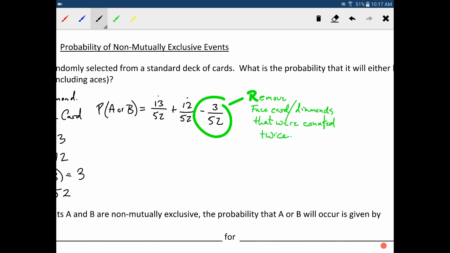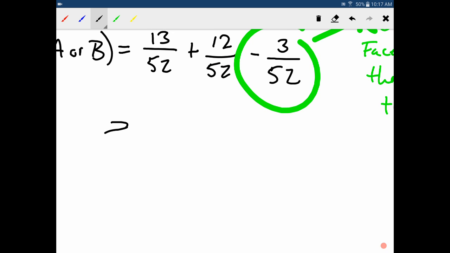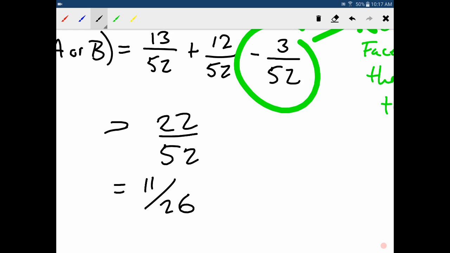You'll survive. So anyway, we do fortunately have a common denominator across all these, so we can just say 13 plus 12 minus 3 gives us 22, and it's over 52. Which then will reduce to 11 out of 26.